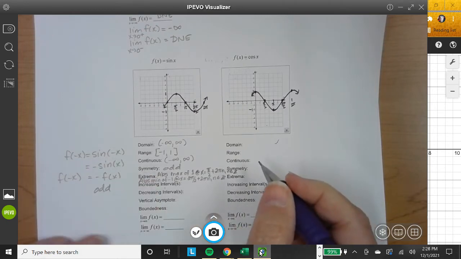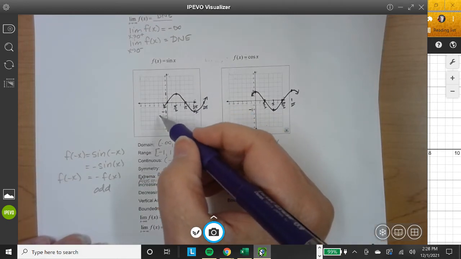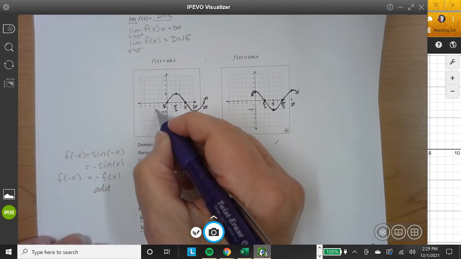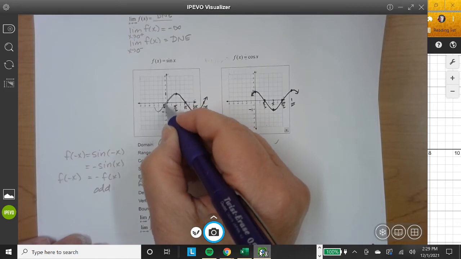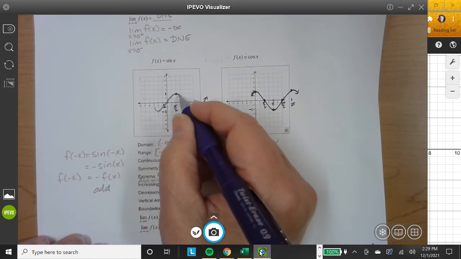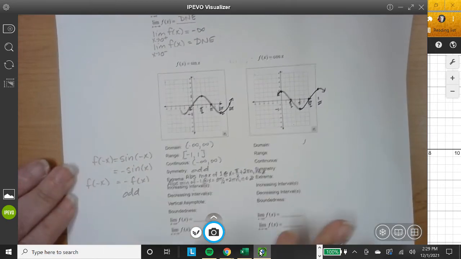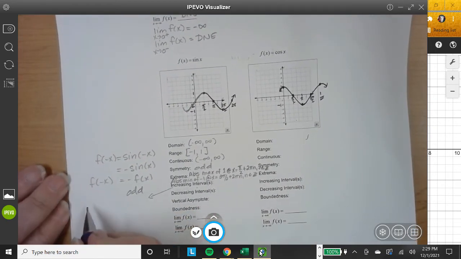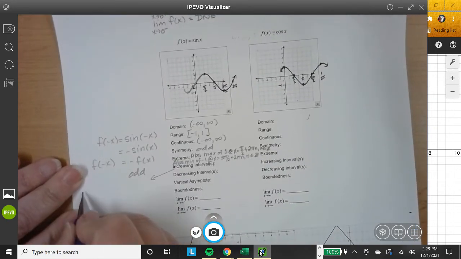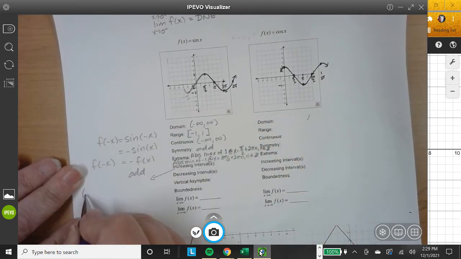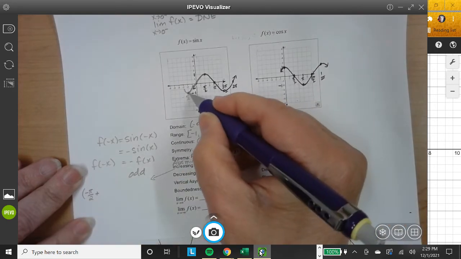The increasing intervals, okay, well, I'm going to choose one interval, which is this negative pi over 2 to pi over 2 interval. I'm going to put the increasing interval over here, just to have more space. That's going to be increasing from, well, what's the first one? This is at negative pi over 2. So from negative pi over 2 plus, when do I get to the next increasing interval?